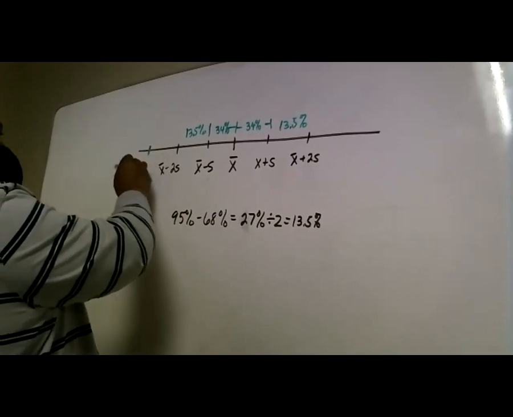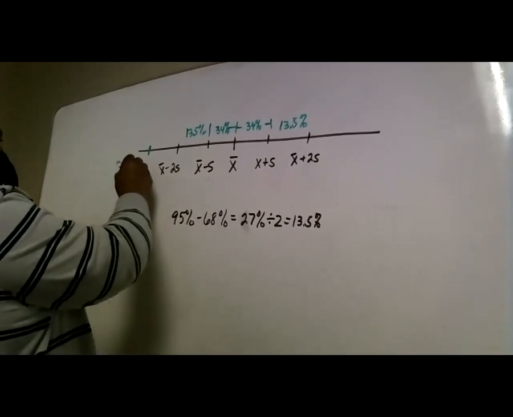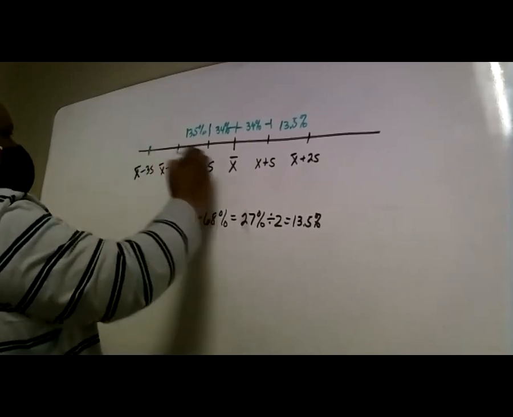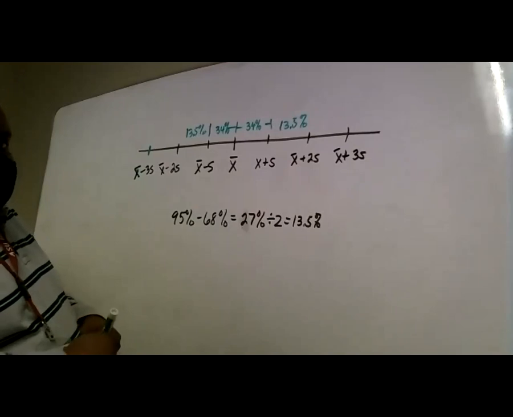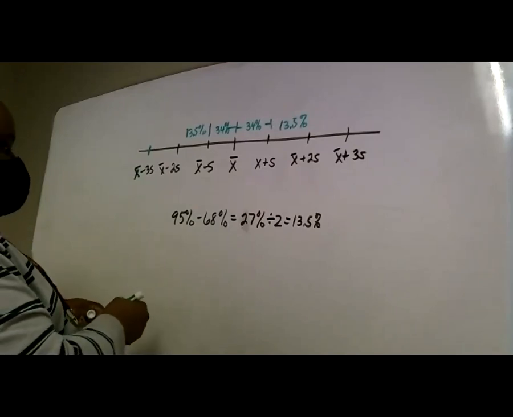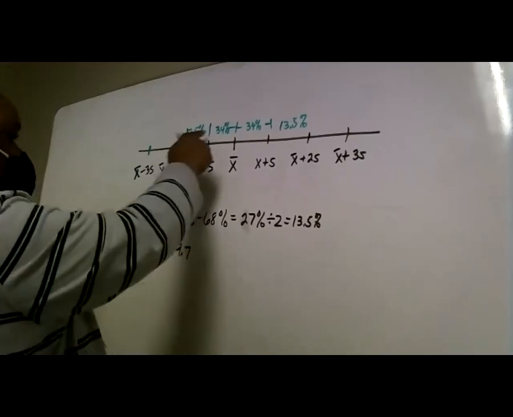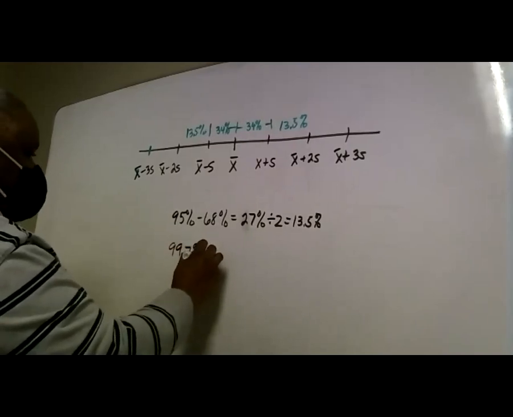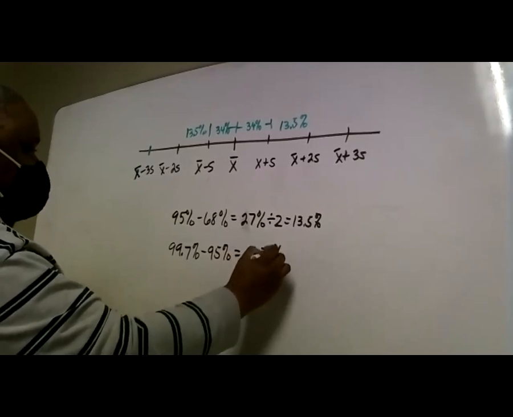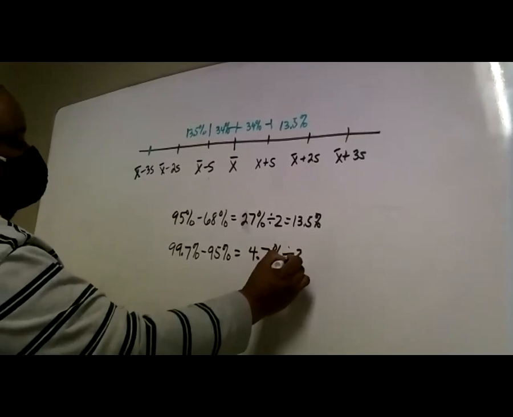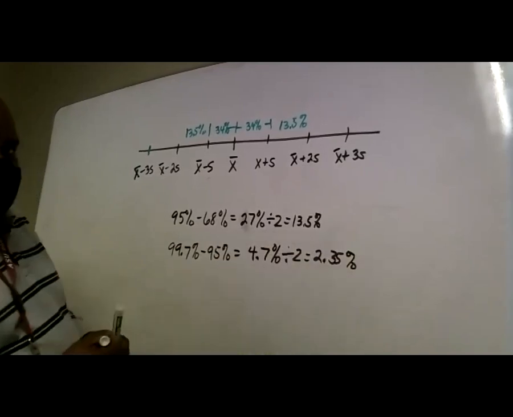And then finally, 3 standard deviations to the left and to the right. It says 99.7% are within 3 standard deviations of the mean, and all of this represents 95%. That leaves us with 4.7%. Divide that by 2, that'd be 2.35%.